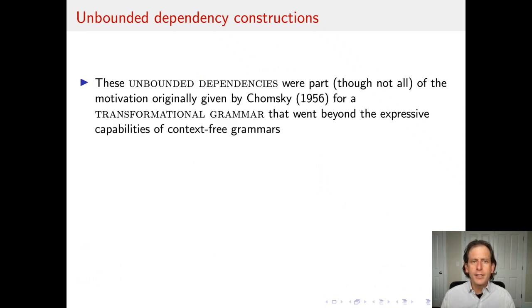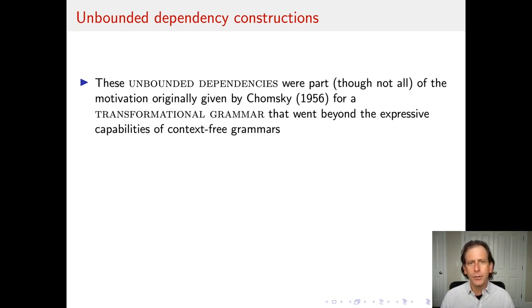Now, these unbounded dependency constructions were actually crucial in the history of generative grammar at the very beginning. They were a part, although not all of the motivation, that was originally given in the first papers published on generative grammar. Chomsky 1956 is the one I would refer you to, for what was then called a transformational grammar that went beyond the expressive capabilities of context-free grammars.